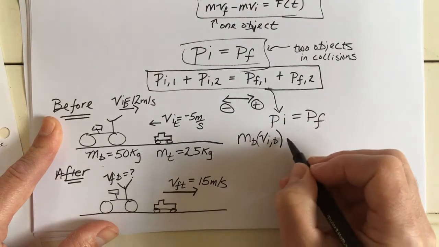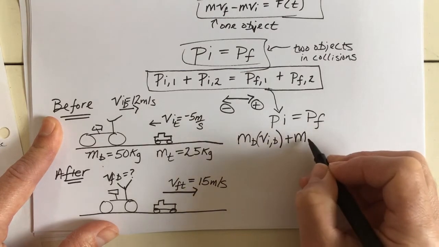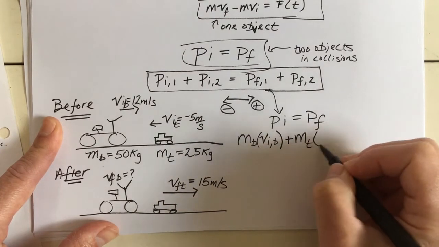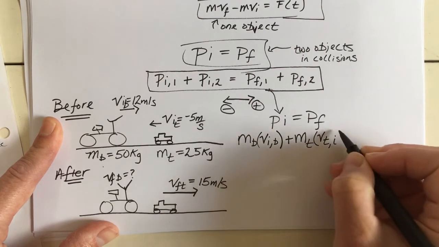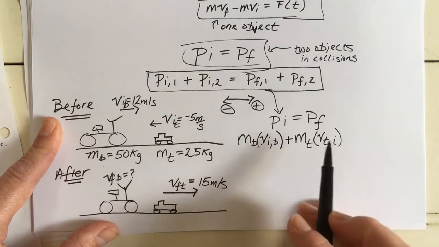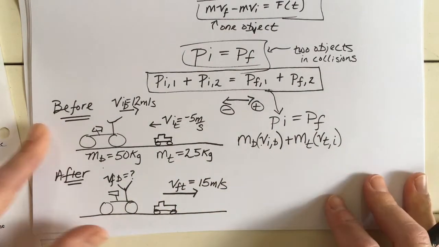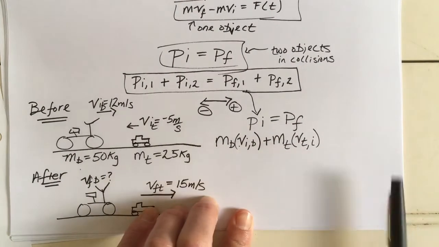And we'll add that to the mass of the truck times the velocity of the truck initial. And I know I wrote that differently in those two cases, but that's fine. It doesn't matter if the T or the I comes first. Those are just descriptors. And this is the initial side.